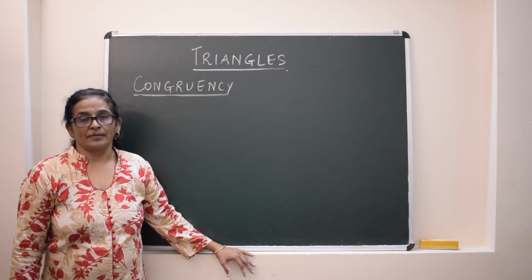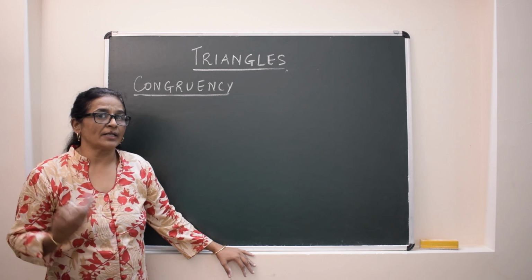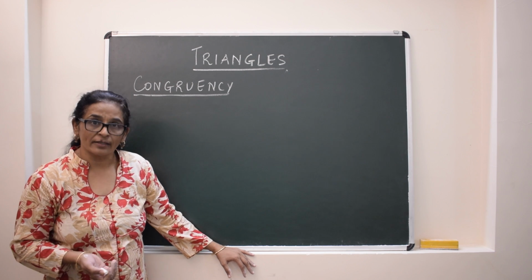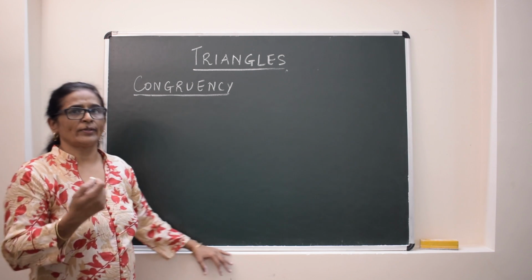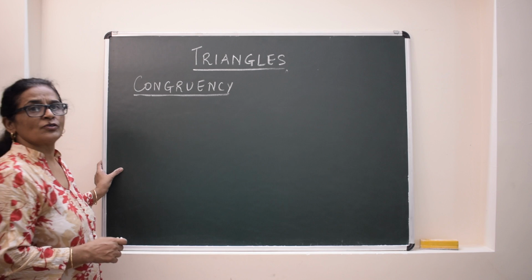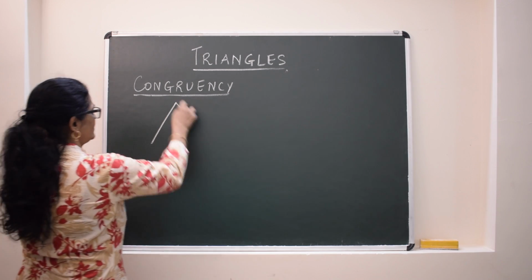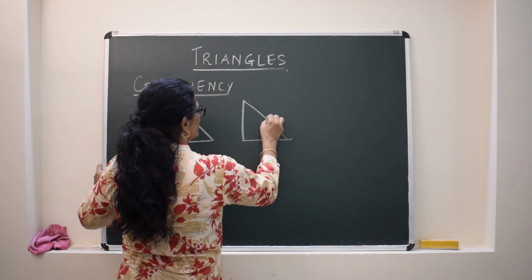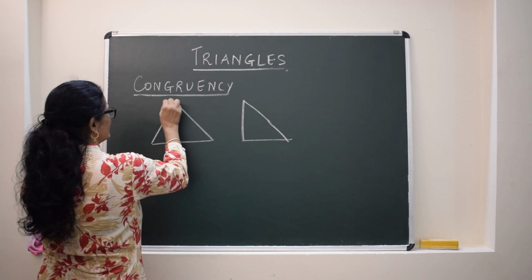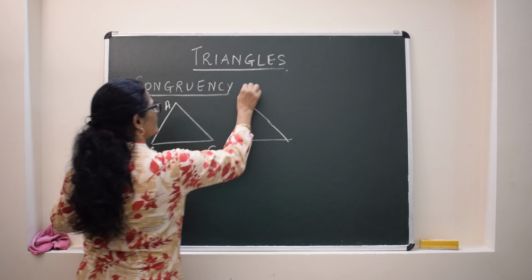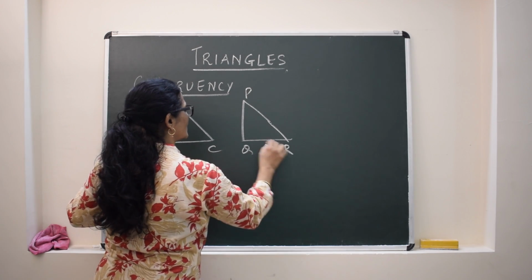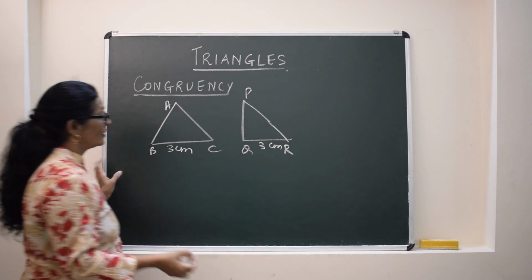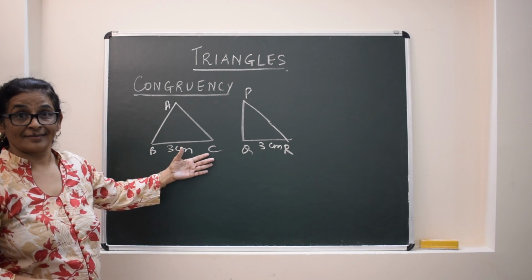There is a variety. There are different axioms and theorems based on congruency of triangles, because there are different types of triangles also. So first we will just see one situation. If I draw 2 triangles, any 2 triangles, and one of its sides is 3 centimeters, will they be congruent?